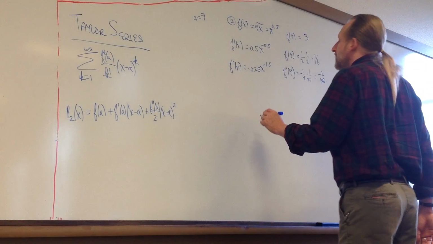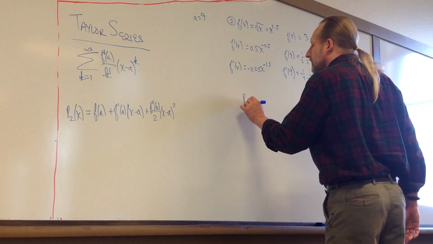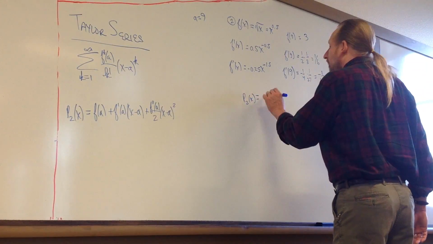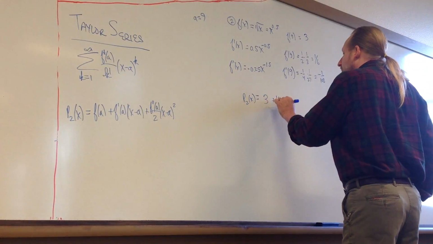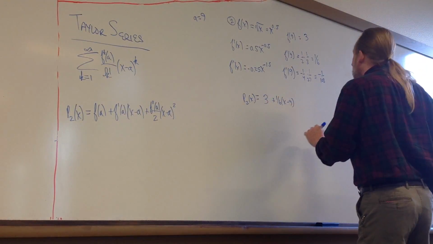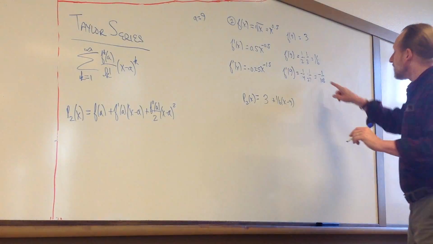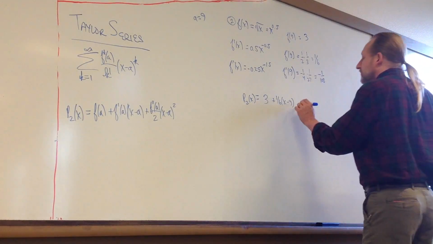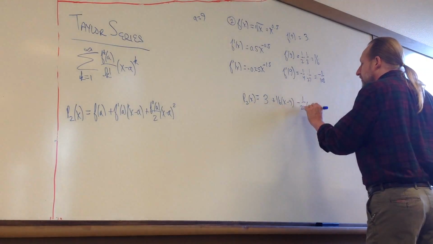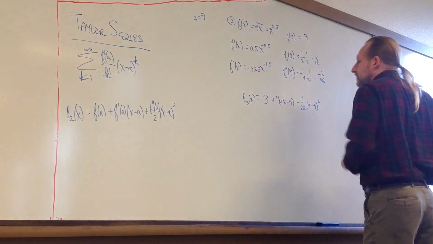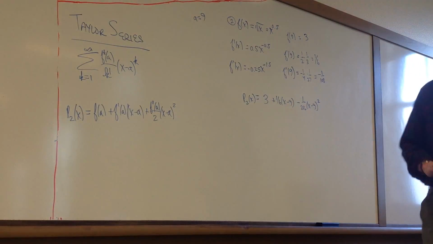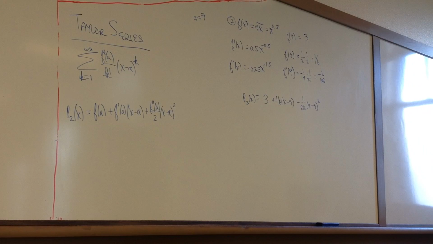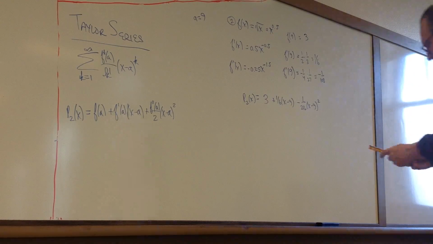And then our approximating polynomial will be 3, plus 1/6 times x minus 9, and then minus this 1 over 108 has to get multiplied by 1/2, so that's minus 1 over 216, x minus 9 all squared. Okay, so there is the approximating polynomial for that one, and let's take a look.